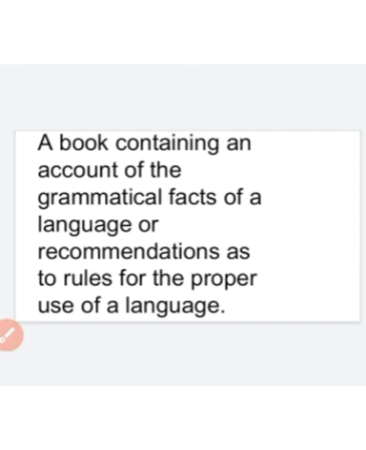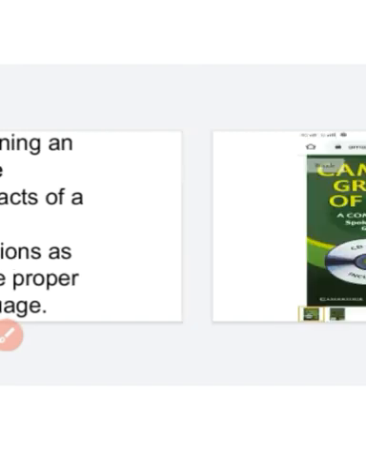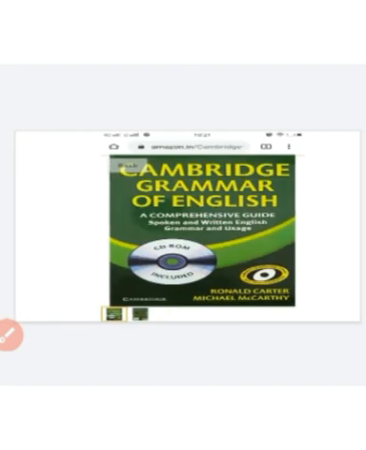That is what a grammar book does. Books like the Cambridge Grammar of English are available. So that is about the conventional resources of language. These are the ways through which we can study conventionally or traditionally and improve our language.